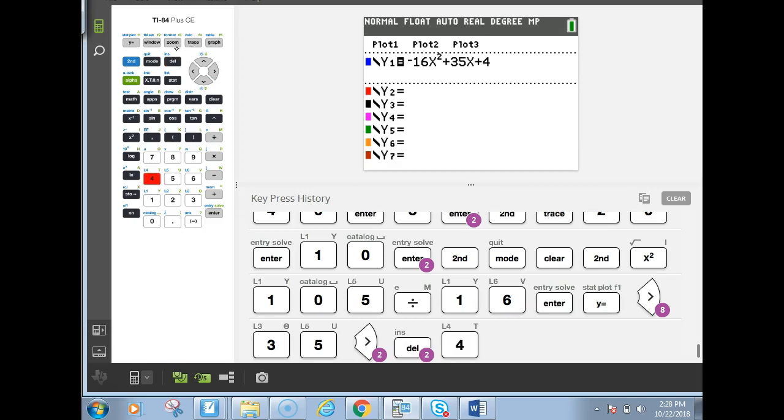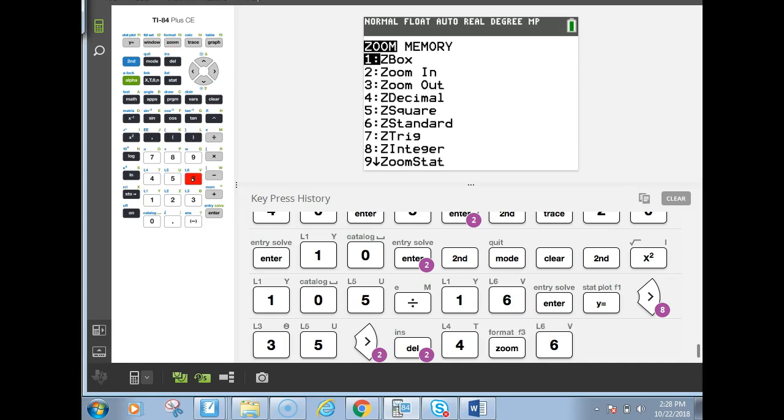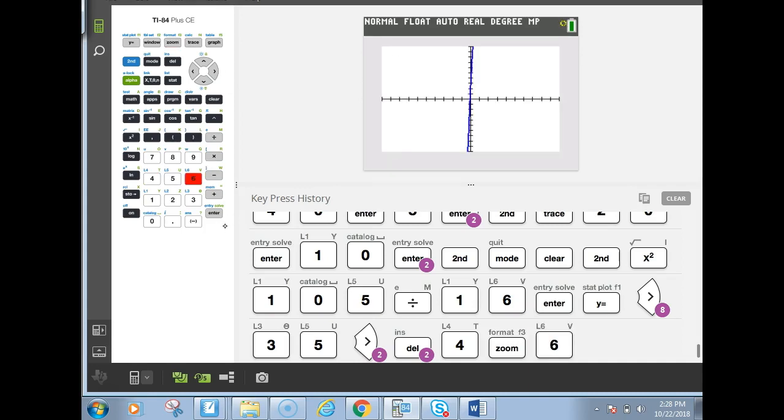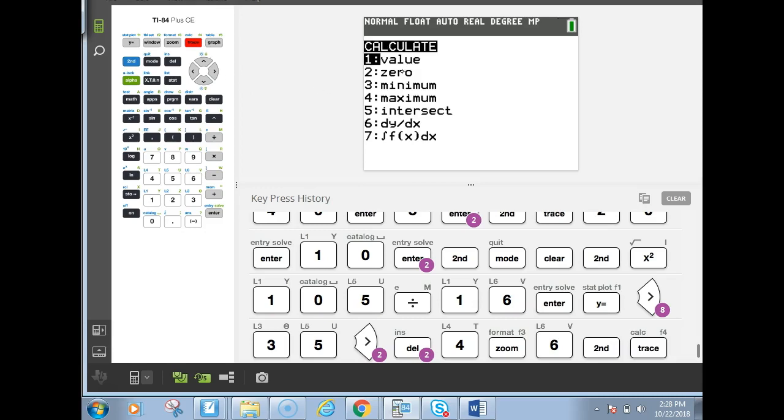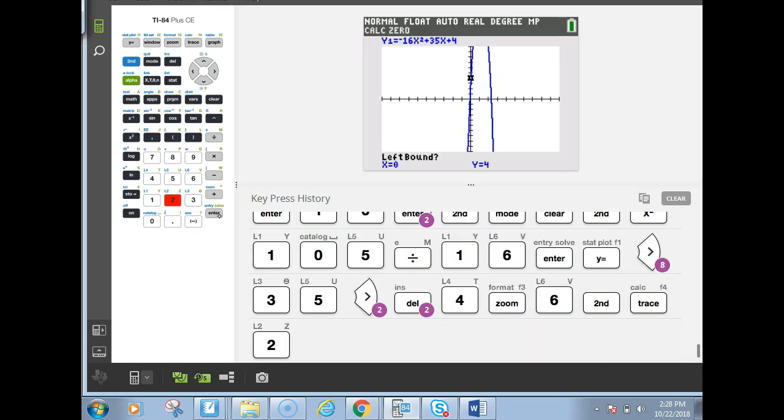I'm going to hit zoom 6 just to standardize my window and adjust it if needed. It's a little past 2 seconds, so I'm going to get it to the nearest hundredths by hitting second trace and calculating choice 2, the 0. My cursor is on the y-intercept, 0, 4, so I'm going to arrow it over a little bit before I ask it what I want to know.